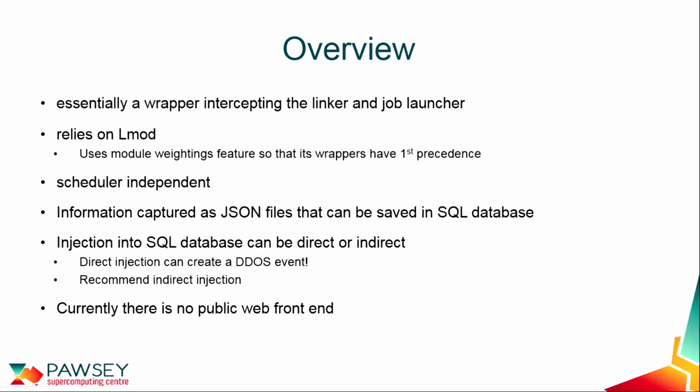If a user job does srun and MPI spawns, let's say 10 jobs in 1 second, and you spread that across 1,000 nodes, guess what? Your scheduler will die and your database will die. So that's the reason why we harvest it via file.